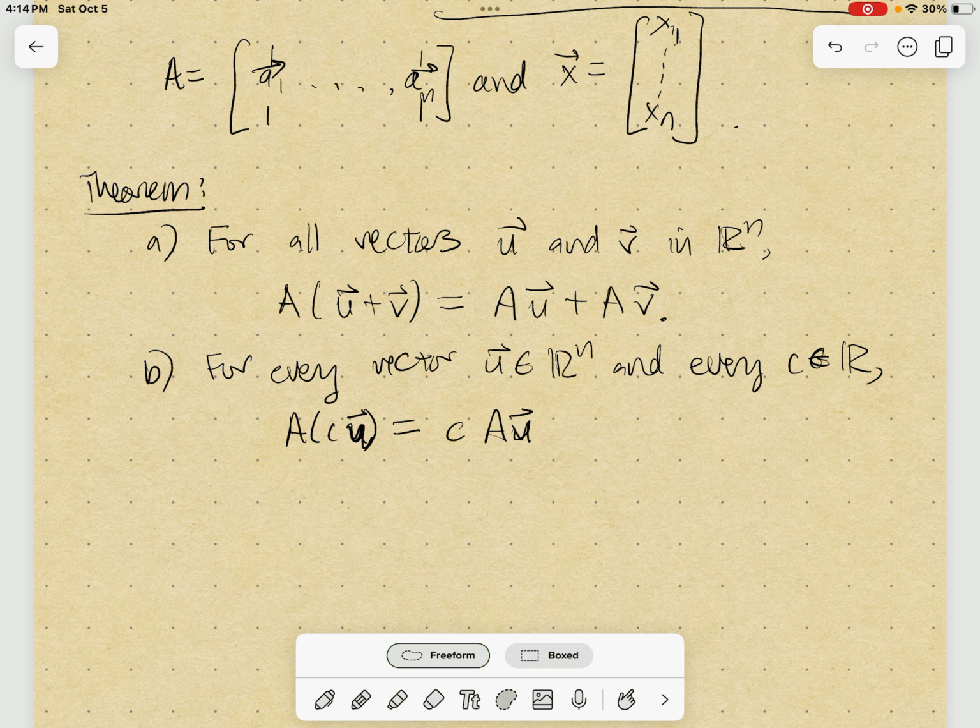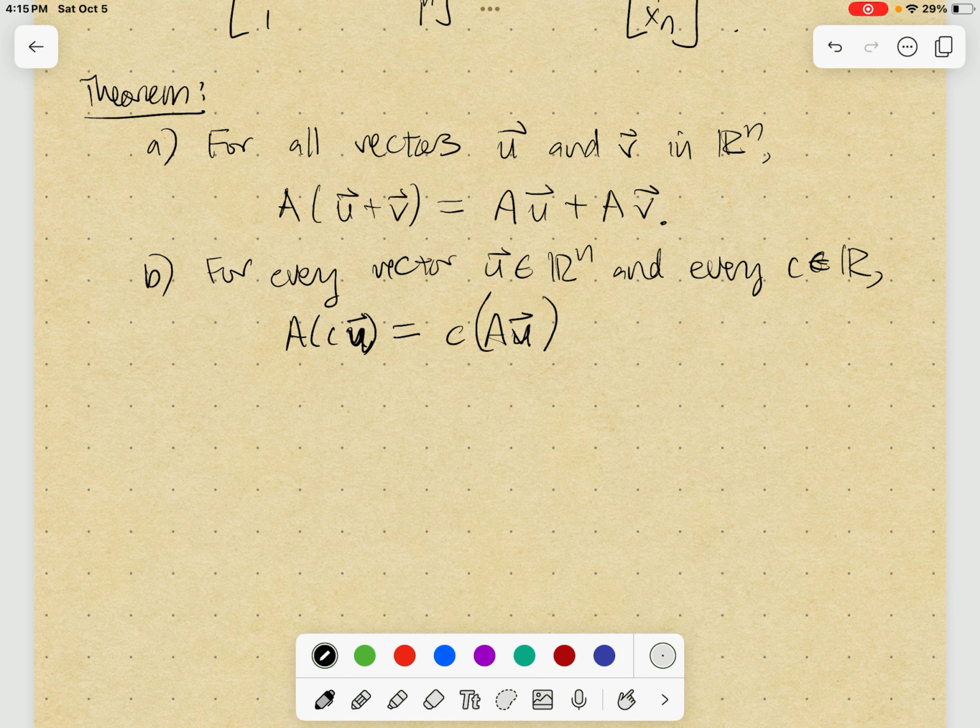So this is saying that if you take any vector u in Rn, and then you scale it, remember that means that you multiply every component of that vector by c, and then do A times that vector, so that's the thing on the left, that's the same as what you get if you do A times u first, and then multiply that by c. I'll put parentheses just to emphasize this means c times, and then Au.